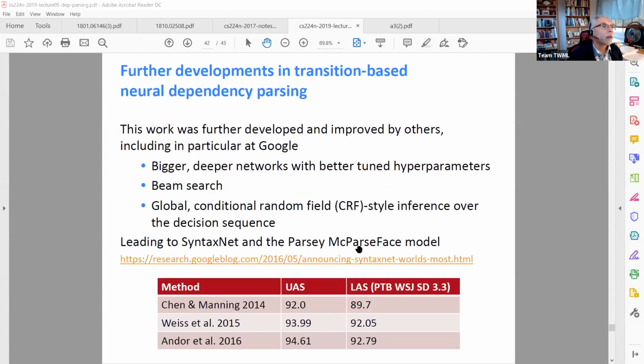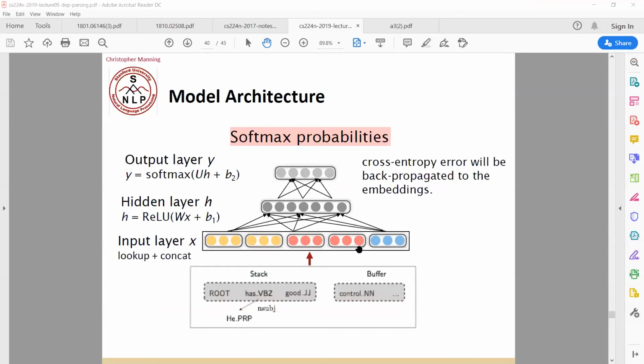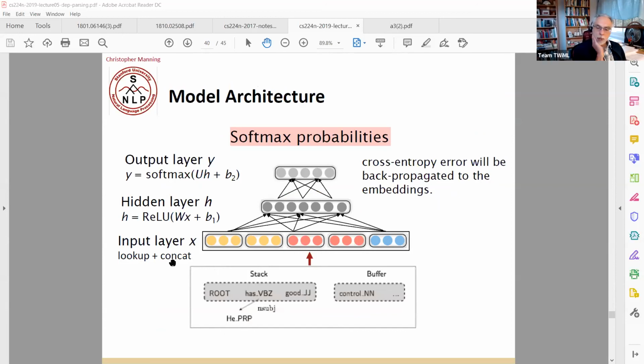Sorry, I just had one quick question back to that diagram, Joseph. What is the lookup? I've forgotten what the lookup bit is on your input layer. Lookup is when you look up the embedding. In other words, you don't have to do a matrix operation to get the embedding.